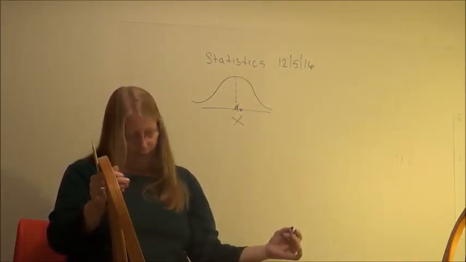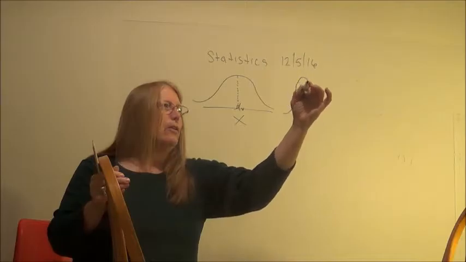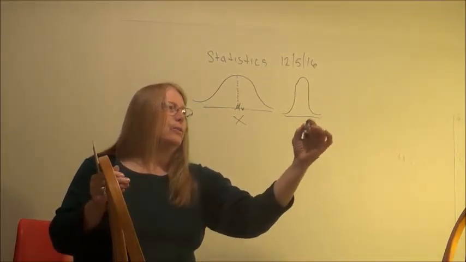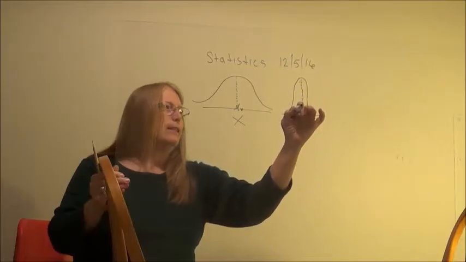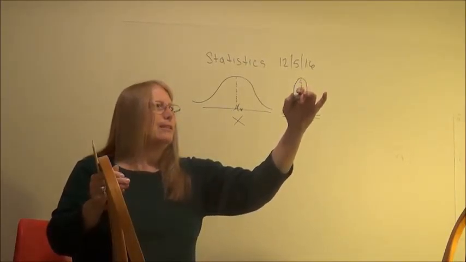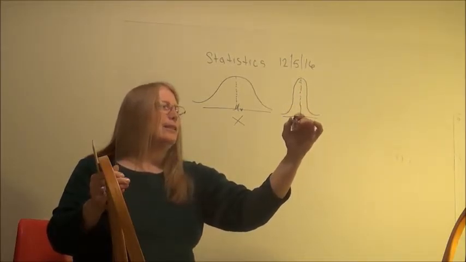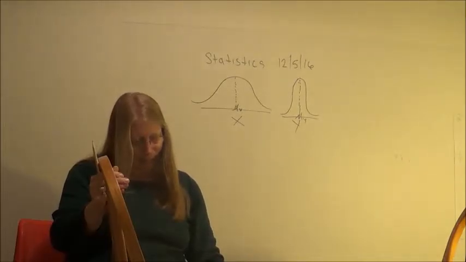And say we have another normal curve. Normal curves don't all look alike, so look at this one. I'm trying to draw straight on a wiggly board. Oh well. The mean of y, or the expected value of y, is right there.